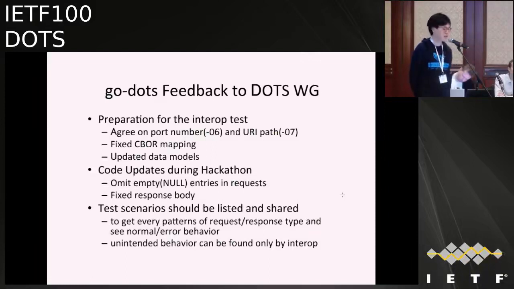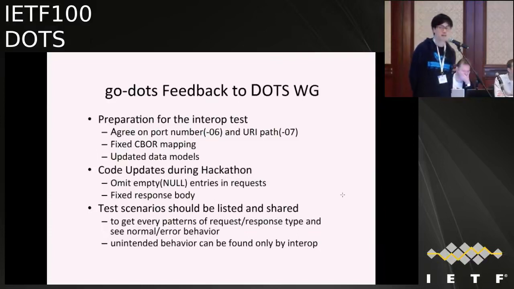We fixed the CBOR mapping, which was pointed out by John, and we updated data models in order to support the latest signal channel draft. We updated code during the hackathon, which includes omitting the empty null entries in requests, and we fixed the response body.